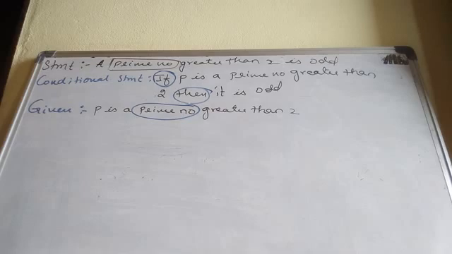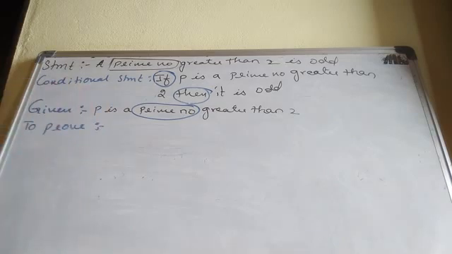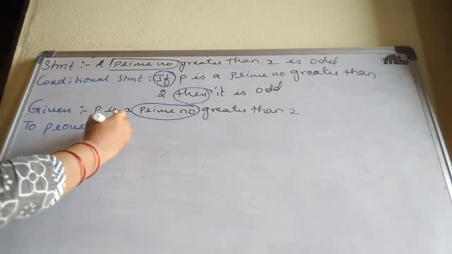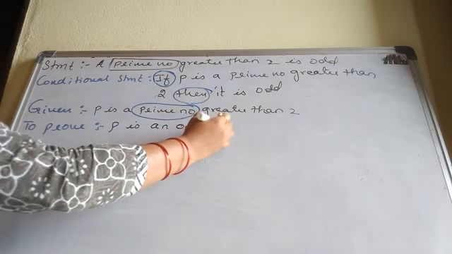Factors are also known as divisors. Let it be. First, given you understood. I'll write to prove. To prove what? To prove P is an odd number.